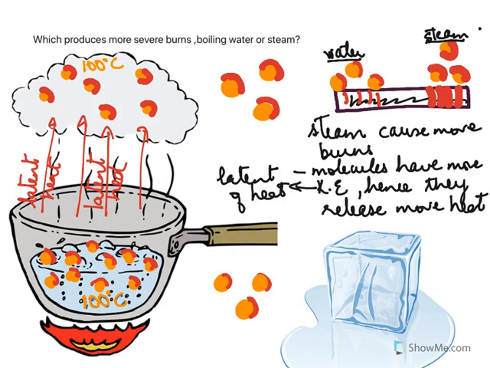Here we'll see which is a better coolant, ice or water. When we compare ice and water, we see that in ice the molecules have less heat, hardly any heat. There are very strong forces of attraction between the molecules.